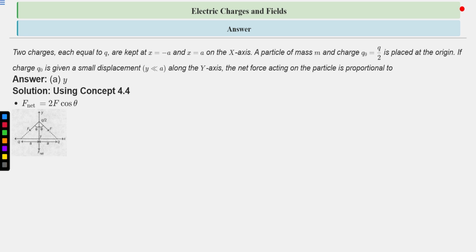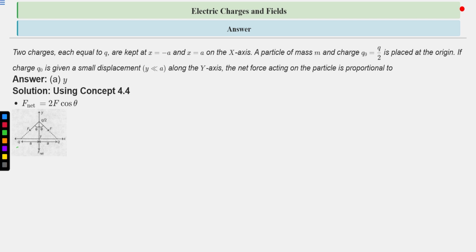These two charges are identical, and the distance of this charge from both of them is also the same, so the force experienced by this charge due to each of them is equal. This F is the force due to this charge, and this F is the force due to the other charge.